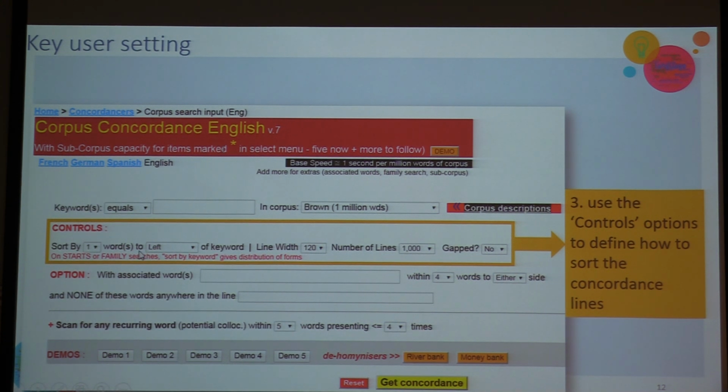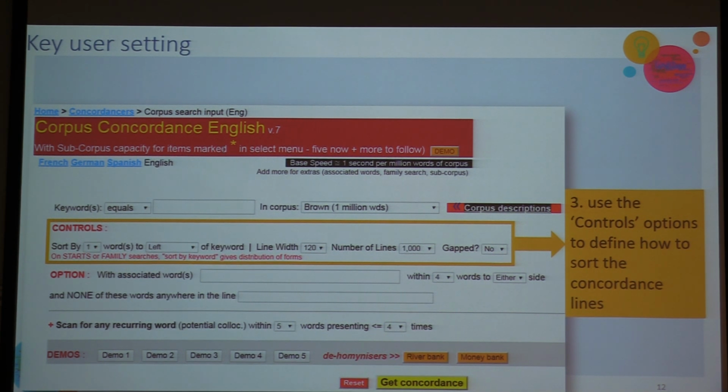You have to use the control functions to control how the search text looks. Basically you need to sort all the text according to one word, or maybe 2 or 3 words, usually one, to the left or right of the keyword.